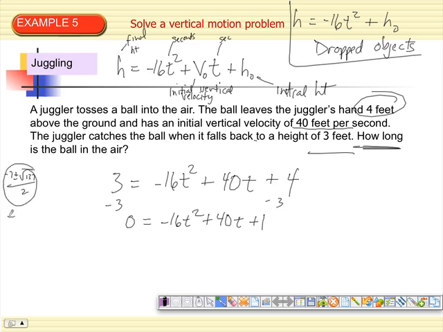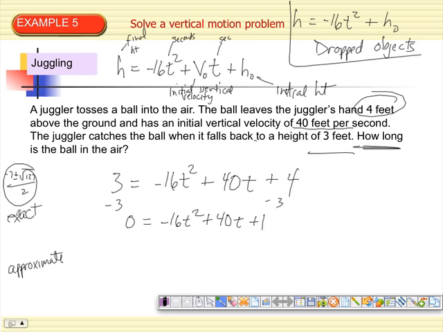This is what we call an exact answer. What other type of answer could you give me? You can give me exact or an approximate answer.